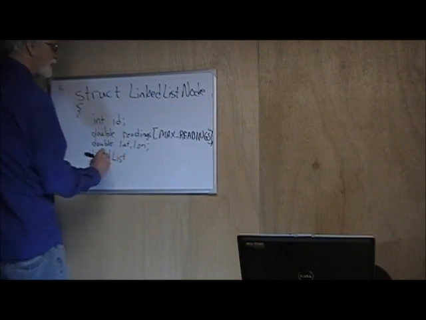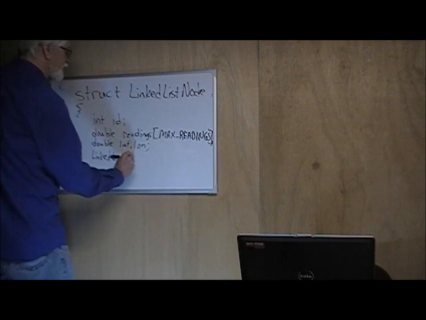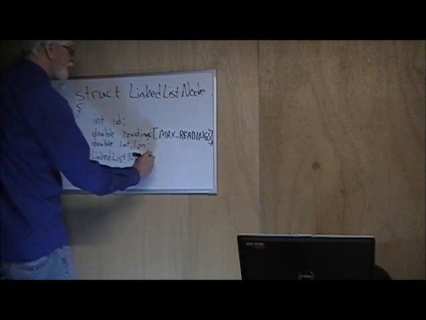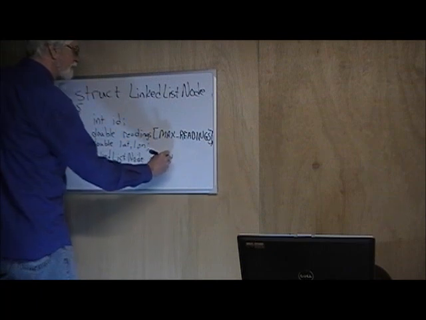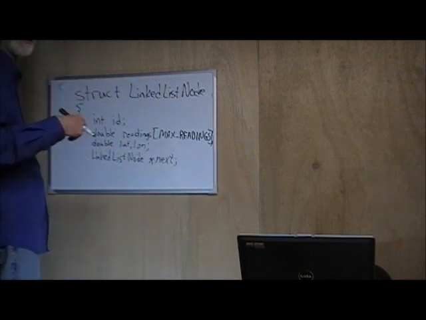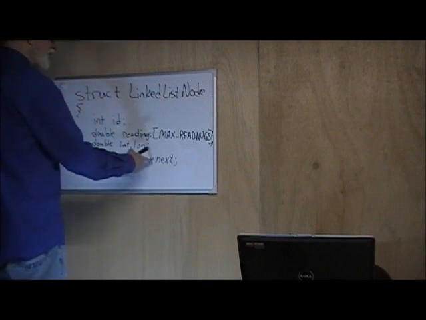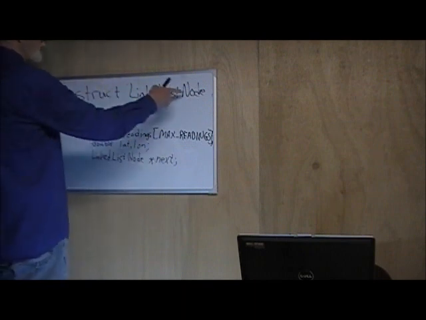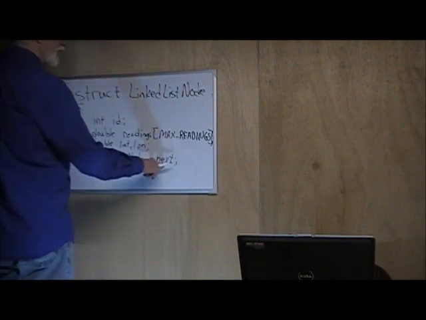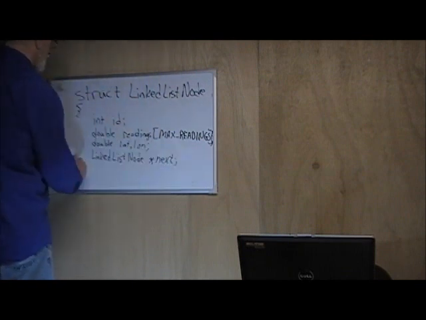The only way that you want to use this inside of itself is as a pointer. So we're going to do star next. That's a pointer to the next node. It's just an address. Its type is one of these containers, and it's going to store the address of the next one in line. And then we shut that off.